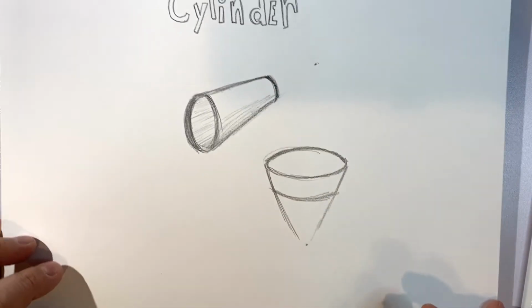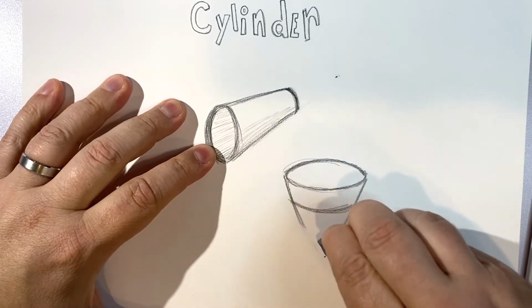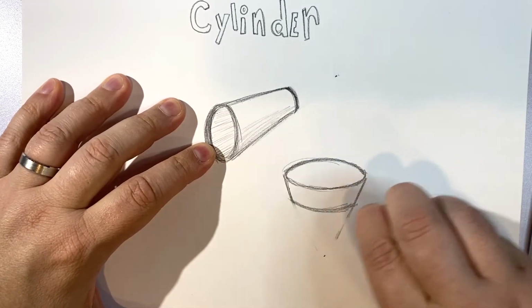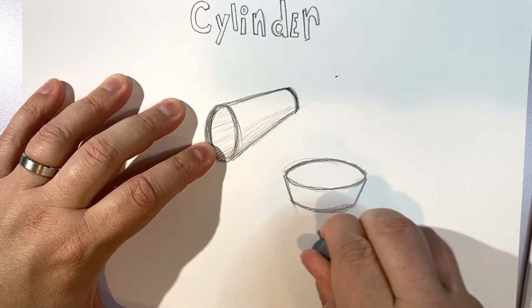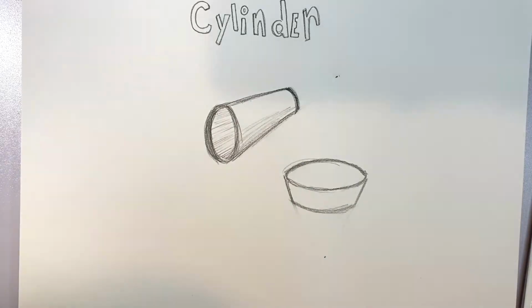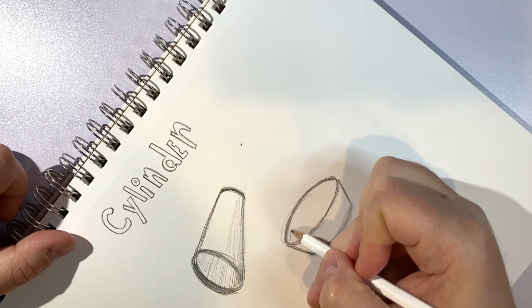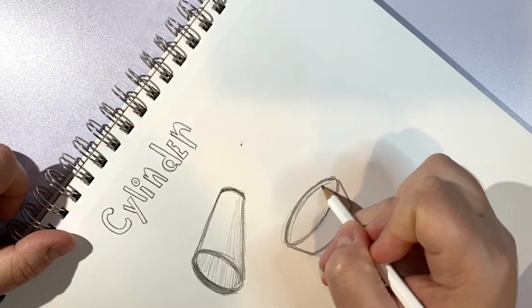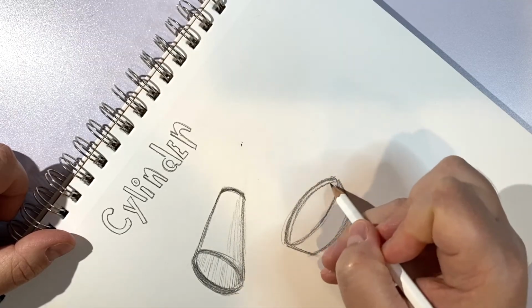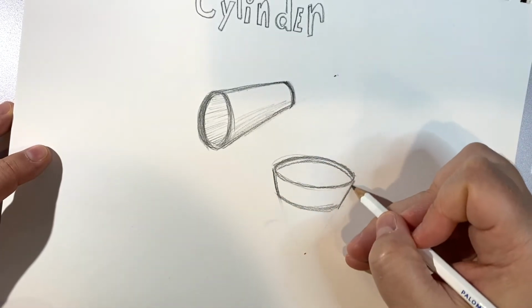And I'll take my trusty kneaded eraser, because I don't like eraser dust all over my drawing table. And do that. So you can see here, maybe I want to make it look a little bit more like it's a bowl or something. There we go. So there's a cylinder as well.